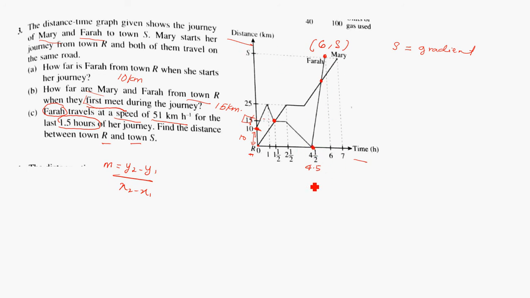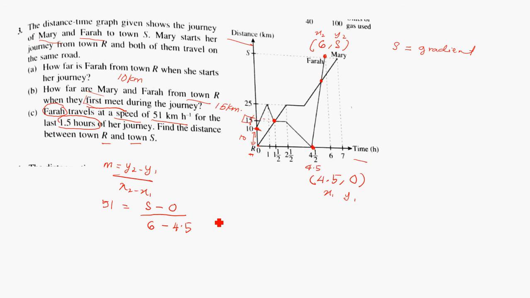And this point is 4.5 and the distance is 0. So gradient 51 equals, let's say y2 is s, s minus 0 over 6 minus 4.5. This is x2, y2, and this is x1, y1.